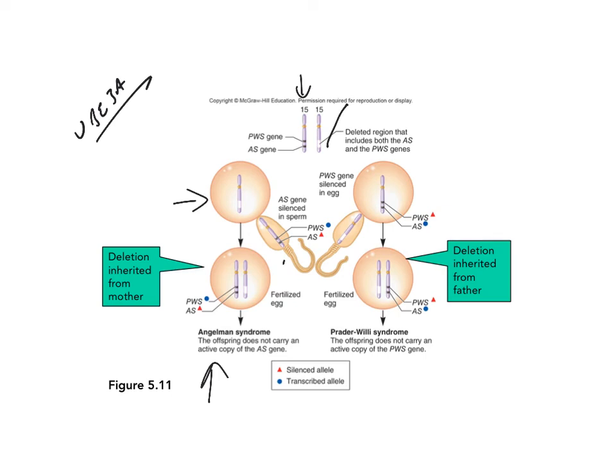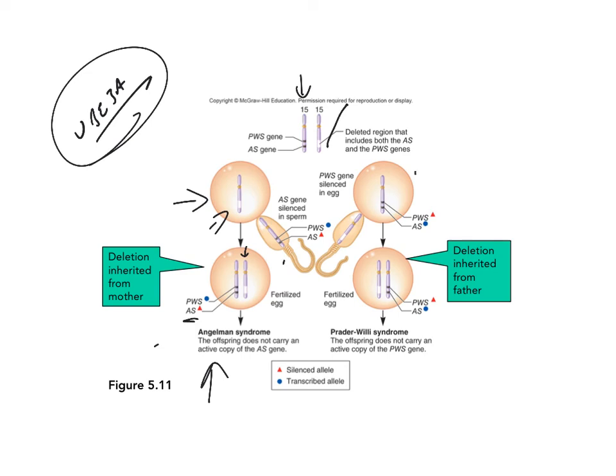If these gametes fertilize each other, now we've got only one copy of UBE3A, and it's turned off. We don't have another copy over here in this chromosome because that region was deleted in the female. These individuals would then develop Angelman syndrome because they don't have a functioning version of UBE3A anywhere in their cells.